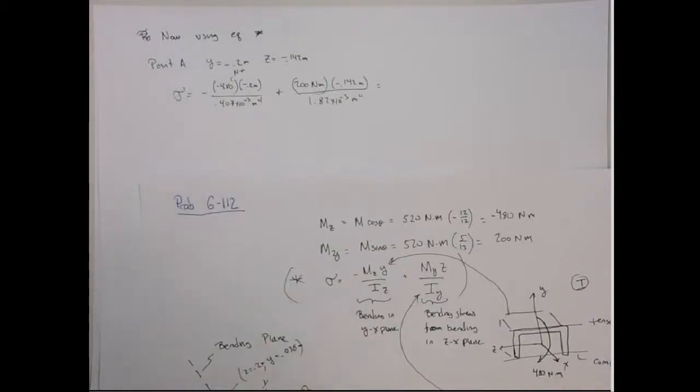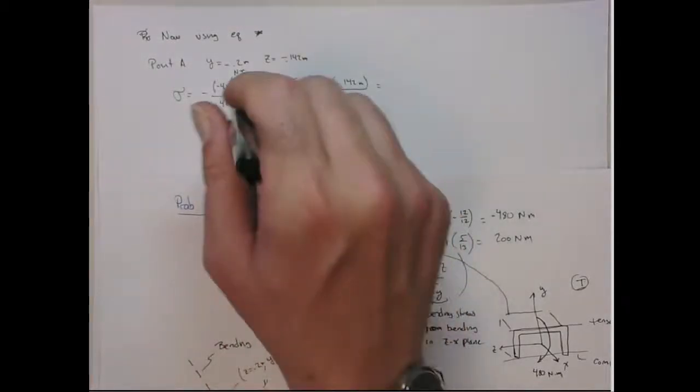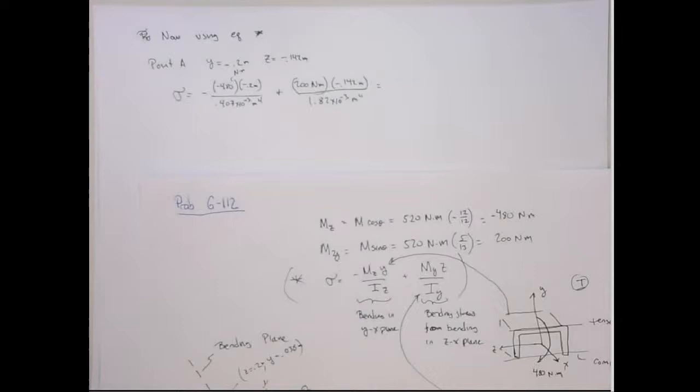And I get 25,200. Wait a second, I get the wrong answer. I must have made a typo. This is why I never do these. This term should come out to be minus 167. Let's see if I get that.